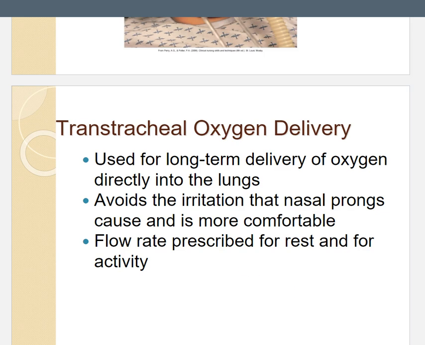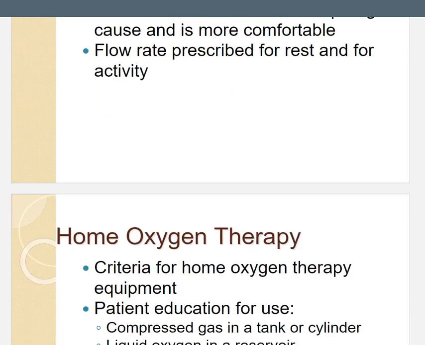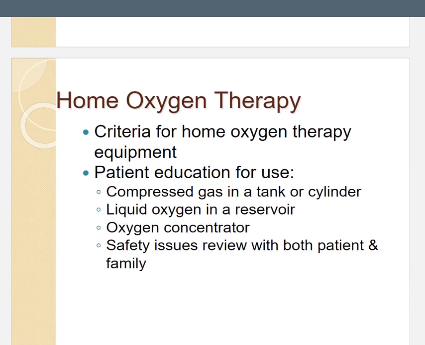Okay. The next thing I just want to talk a little bit about is home oxygen therapy. And there's criteria for home oxygen therapy equipment. Usually the patient must have severe hypoxia or fall in the category of a classification of 5 for dyspnea.